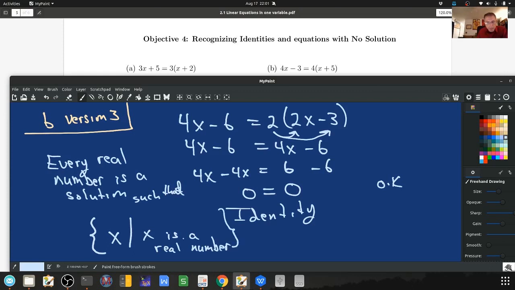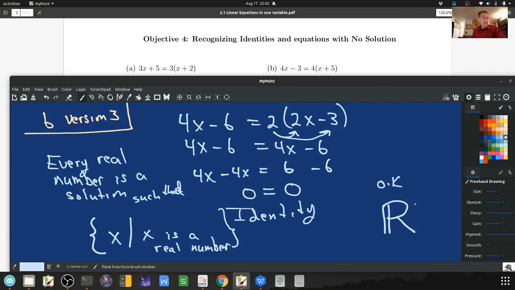That's a really awkward way to write that. Mathematicians actually have a better way to write the set of all real numbers. We let a set be denoted by an actual letter, and the letter looks like that, and it's R for the set of all real numbers.